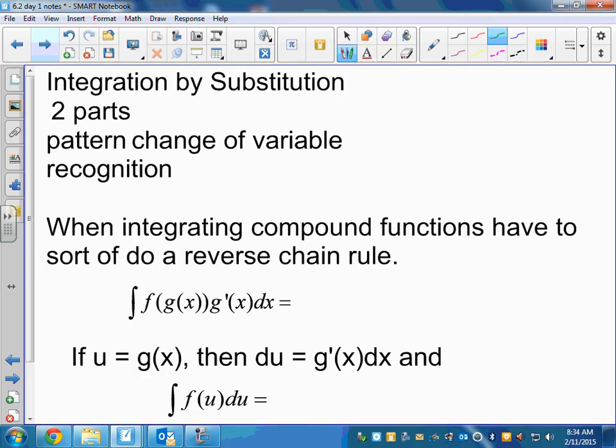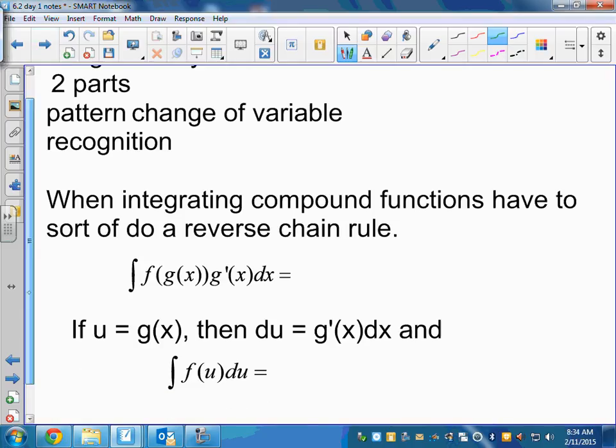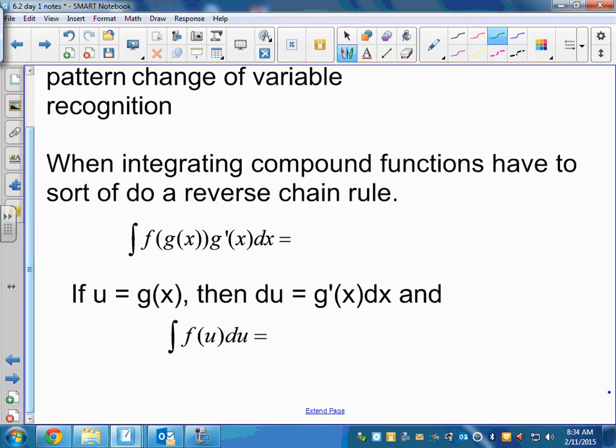Also, you have to just recognize what's the inside function, what's the outside function. So when we integrate, like f of g of x, it's kind of like you have to sort of do a reverse chain rule. And so we've done some of these already. They've just fit perfectly. And so we haven't really talked about how to do it if it doesn't fit perfectly.